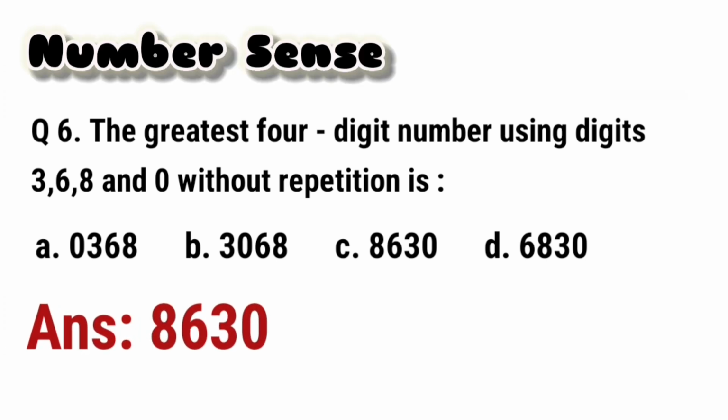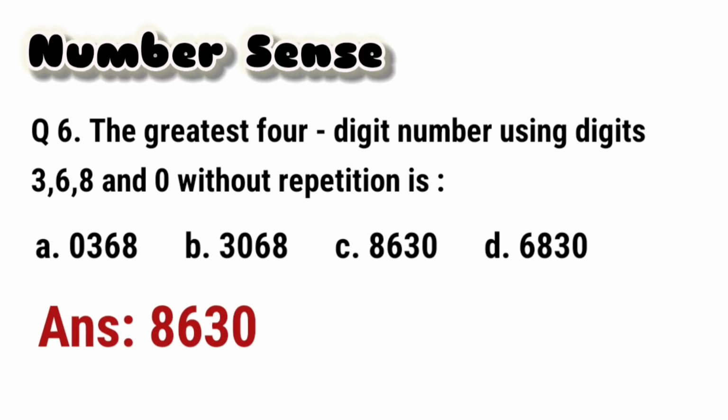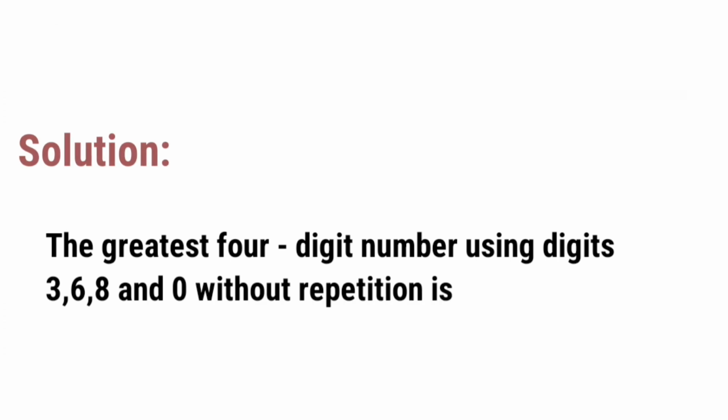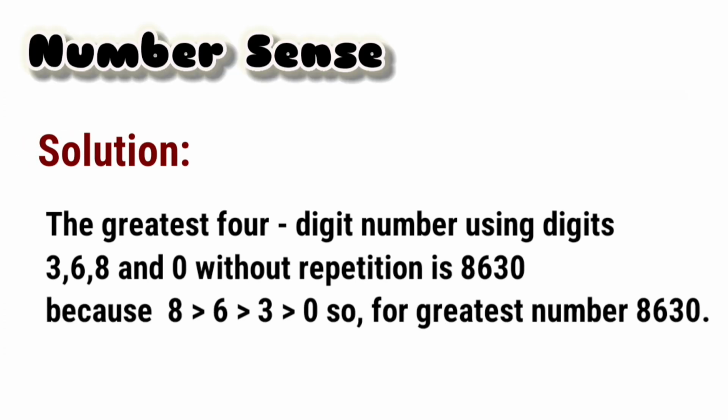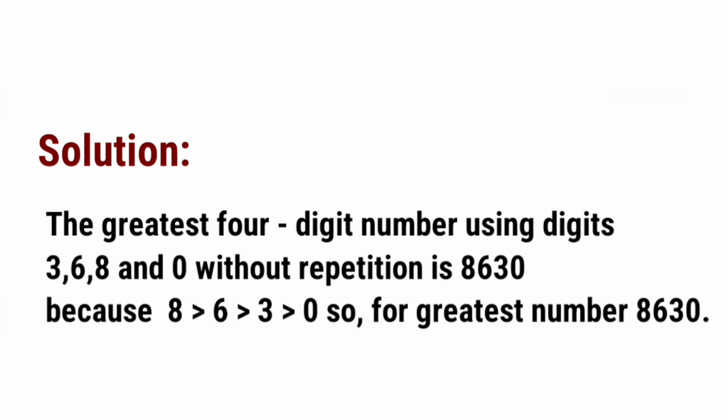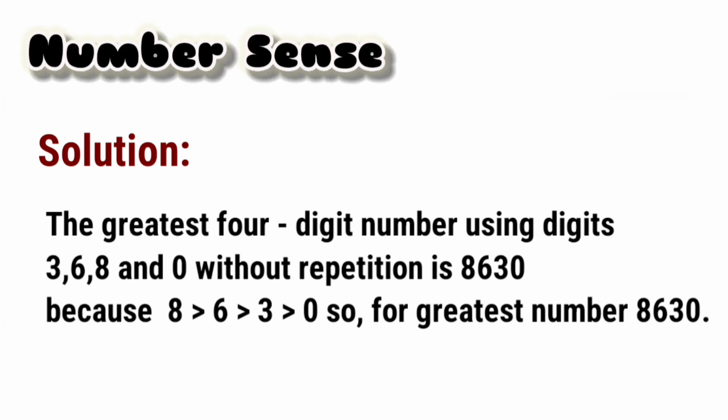Answer is option C 8630. The greatest 4-digit number using digits 3, 6, 8 and 0 without repetition is 8630 because 8 is greater than 6 and 6 is greater than 3 and 3 is greater than 0. So for greatest number 8630 is the right option.